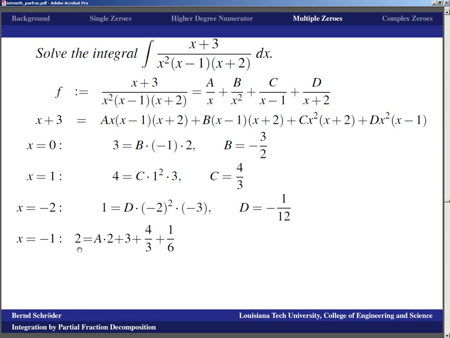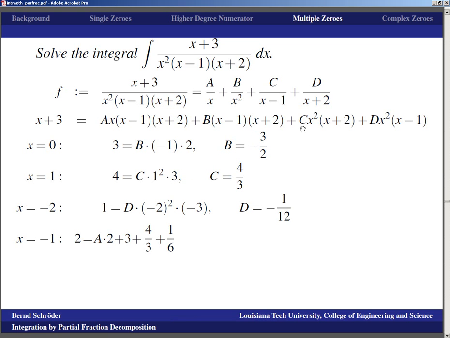And we get negative 1 plus 3, which is 2. With x equals negative 1, I get a times negative 1 times negative 2 times 1, which is a times 2. Then I get b times negative 2 times negative, and b is negative 3 halves, so I get negative 2 times negative 3 halves is plus 3.